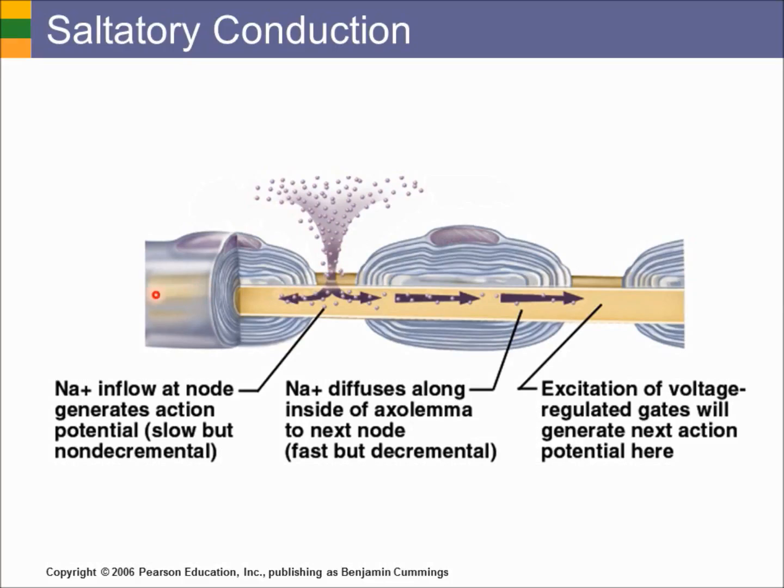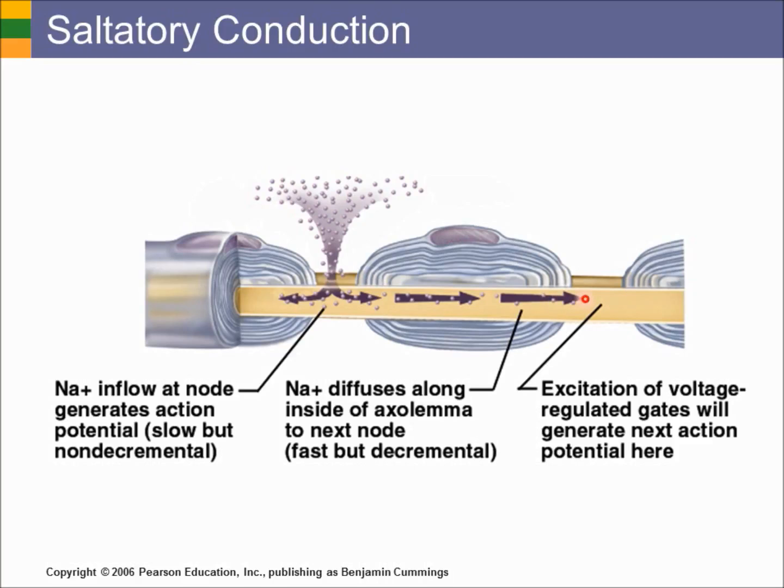So if the impulse is traveling along this way, and we flip the membrane potential here, so we allow sodium to rush in at this point, this diffusing sodium does not have to depolarize all of this segment through here. All this part that I'm scanning along right now can be skipped, the sodium ions diffuse, and there's no flipping of the membrane potential until it gets to here.